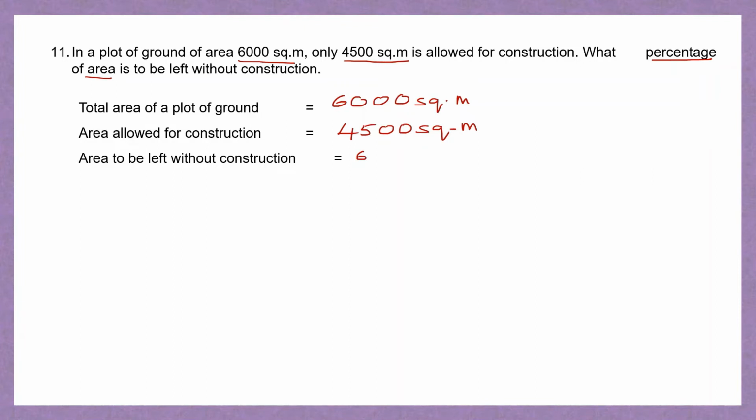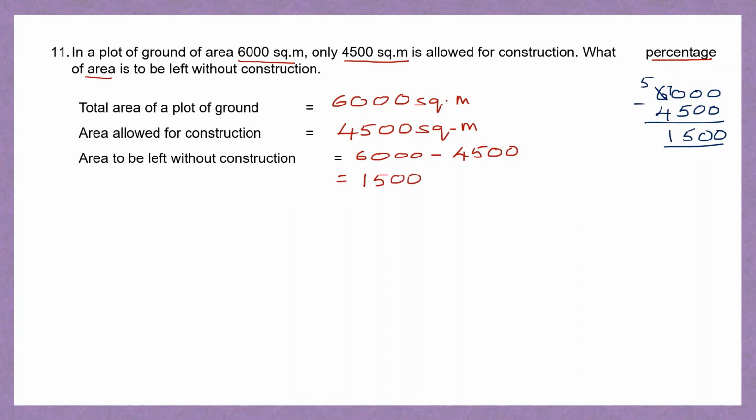So let's do the subtraction here. 6,000 minus 4,500. 0, 0. Here we borrow. 10 minus 5 is 5. 5 minus 4 is 1. So we have found the area to be left without construction is 1,500 square meters.